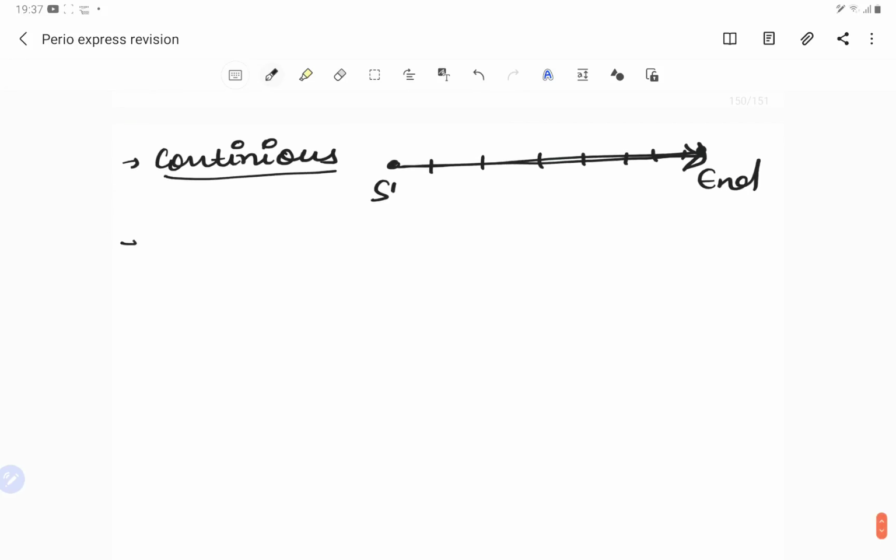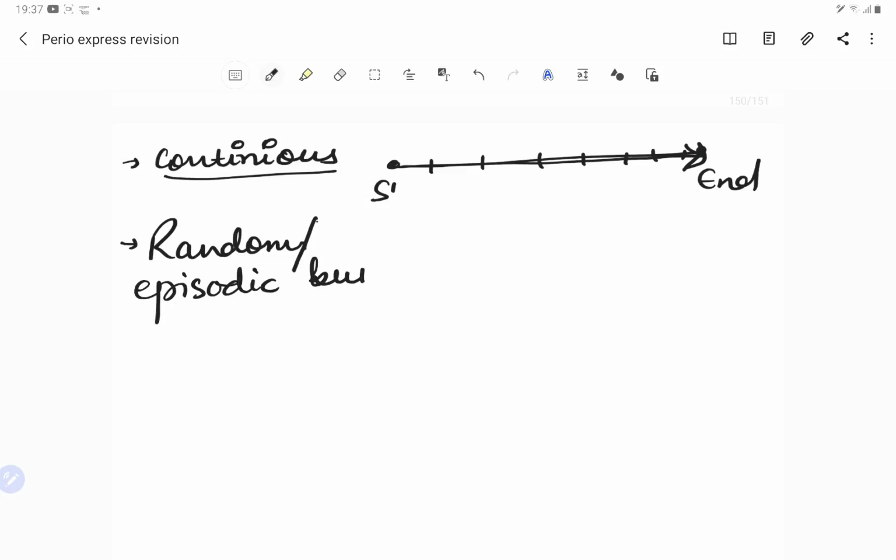But there is another concept, we call it the random or episodic burst model. The episodic burst model says that there are short outbursts of destruction of the disease, then the disease progression stops. This is what we talked about in the pocket lecture, that there is a period of exacerbation and then a period of quiescence.